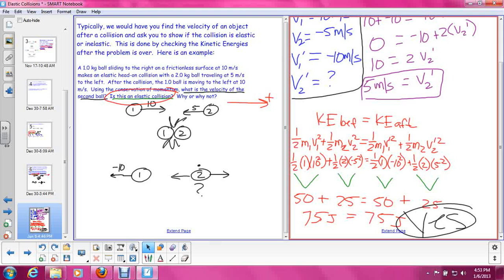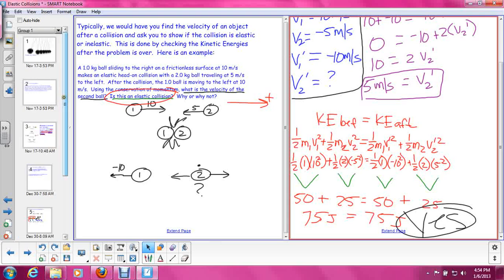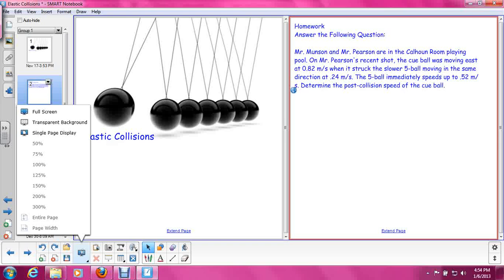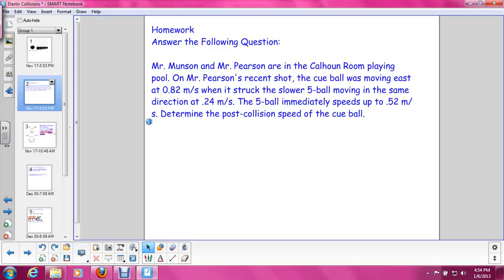Use conservation of momentum to find any unknowns, and then check and see if your initial kinetic energy of the system equals final kinetic energy of the system. So go ahead back to our first problem about Mr. Pearson and Mr. Munson playing some pool, and see if you can determine the speed of the cue ball after the collision.